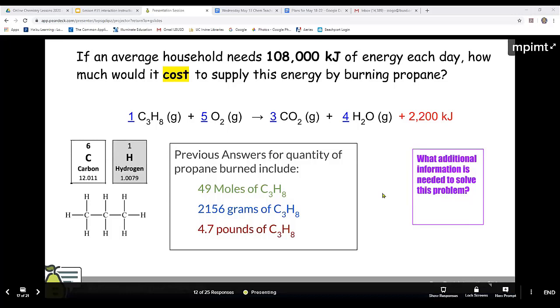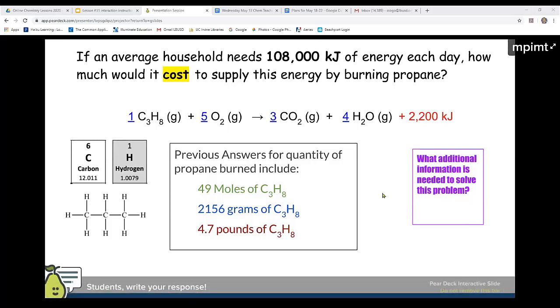Okay. All right. There's a nice answer. Okay, yeah, so a lot of things are coming in. I'll be able to show you the responses very soon. Some people are realizing that this information is a conversion factor.